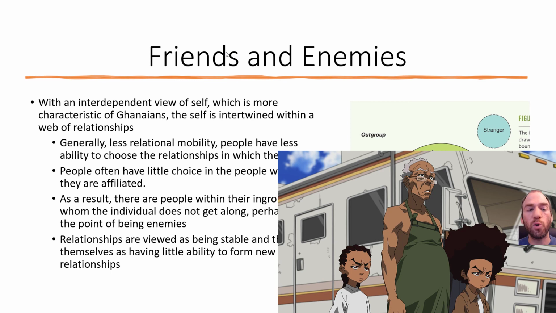Then looking at the in-group line, in the interdependent view of self, it is a solid line. Everybody within that circle, that line is there for life. It's fixed. You can't change it. You can't move it around. Thus, you're likely to run into people you don't like. You can't really leave them. Thus, you'll have enemies around you. Versus the independent view of self, with that high relational mobility, that high freedom to choose your relationships, that in-group will be more of a dotted line.